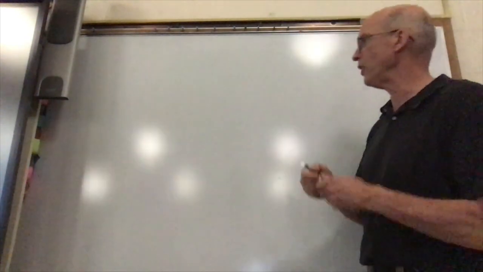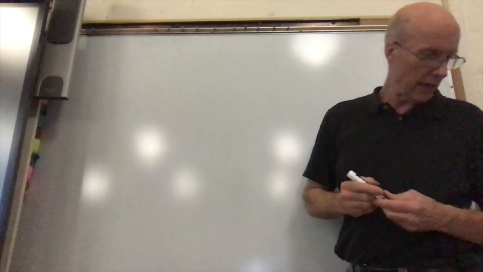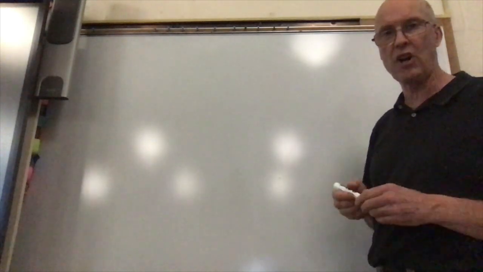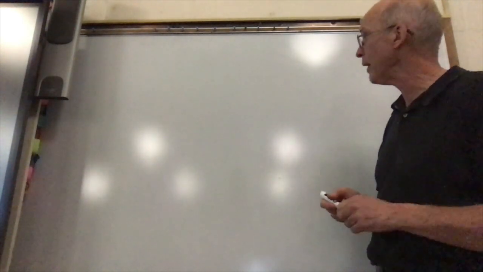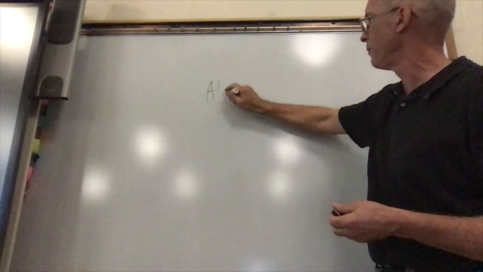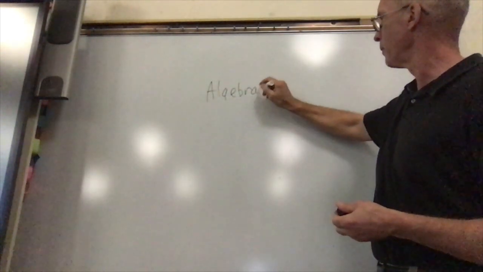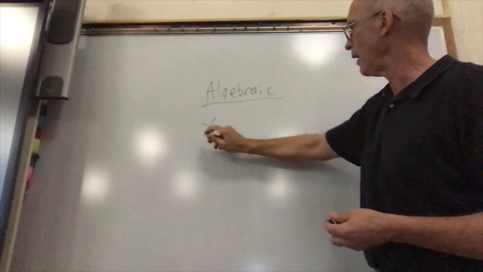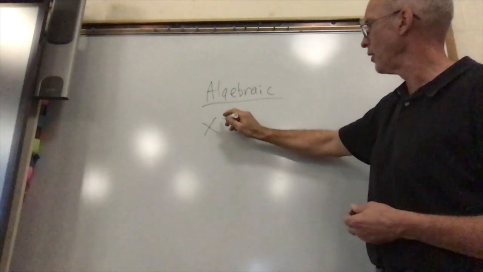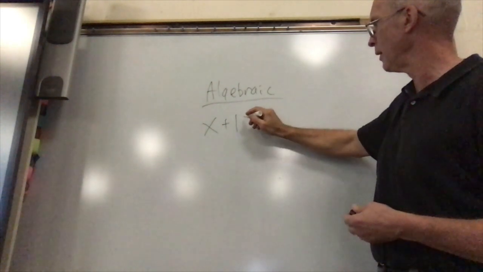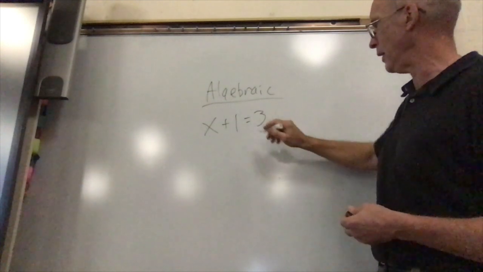Usually what they'll do is, let me give you an example. I'll do a very simple algebraic proof for you because you already know algebra. At least I hope you do. So here would be an example of an algebraic proof. Let's say they gave you something like x plus 1 equals 3.